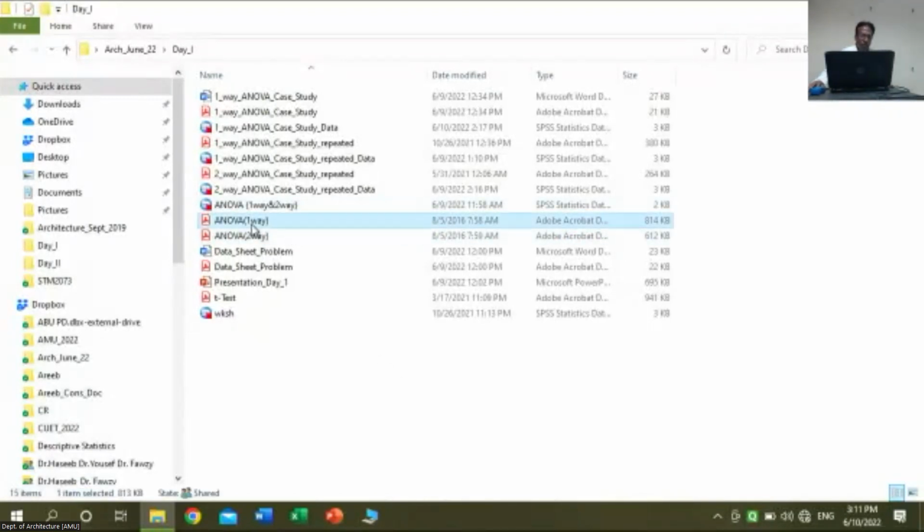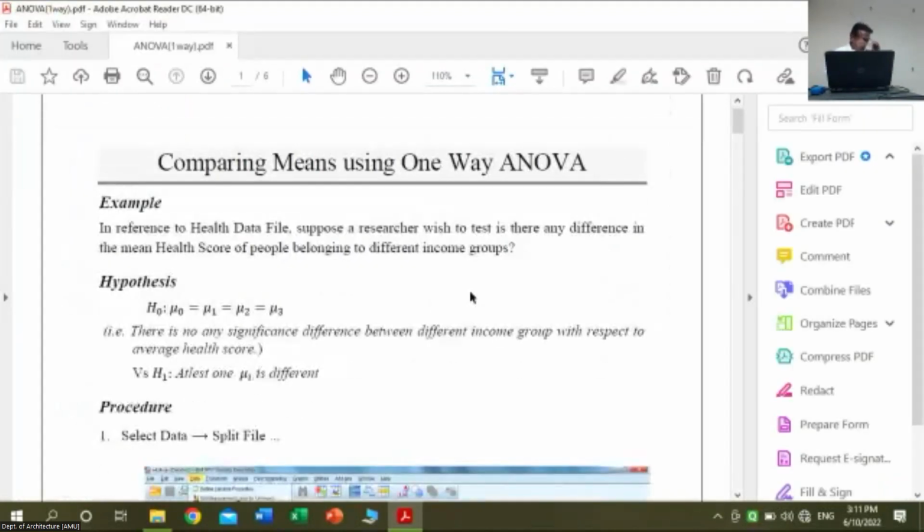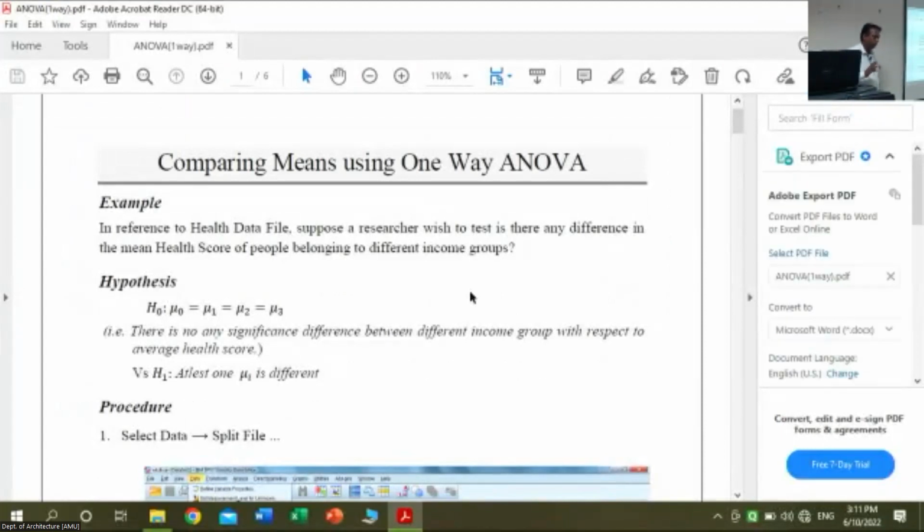So first, see here, one-way ANOVA. Actually, up to now we compared two means. In our data file, there were variables like gender, and some categorical variables like monthly income and locality.